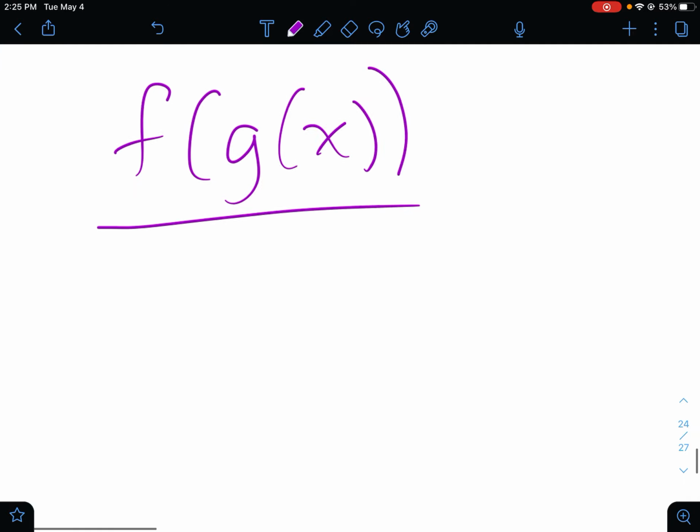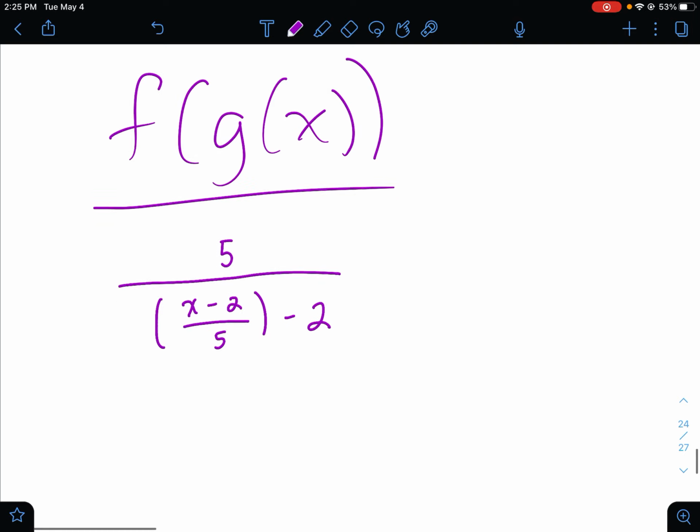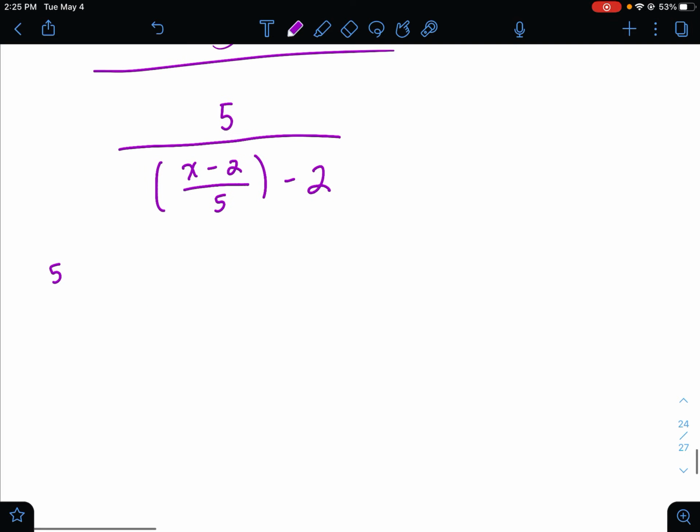All right, so if I'm doing f of g of x. I was looking at my h function. My f function is just 5 in the numerator divided by x minus 2. My g function is x minus 2 over 5. So now you're going to write this as two fractions horizontally: 5 divided by x minus 2 over 5 minus 2 over 1.